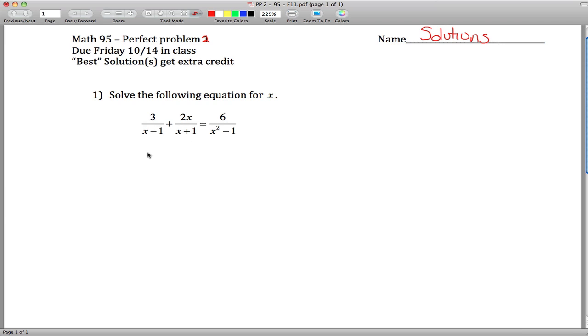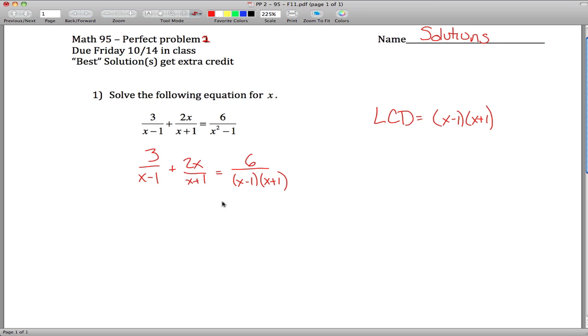So you might be able to just see what that is, but just in case you can't, let's get a little clever here. And instead of writing x squared minus 1, we recognize that as a difference of squares. So we can call it x minus 1 times x plus 1. And then it's a little bit easier to see that the least common denominator is x minus 1 times x plus 1.